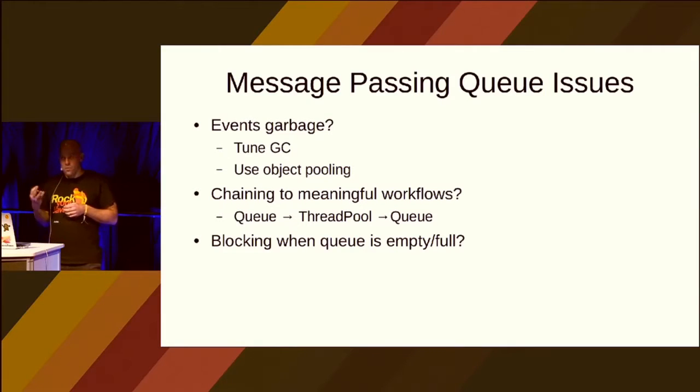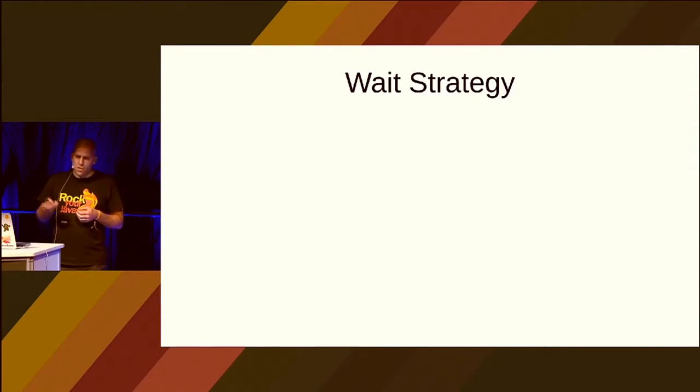And the last thing is, people using the JDK often use BlockingQueue. There's no blocking queue at the moment as part of JCTools, and blocking with lock-free, wait-free algorithms requires that you come to your own conclusions on what to do when you're idle. And this is where the wait strategy comes in. Wait strategy is a term I'm familiar with from the Disruptor, where I saw it for the first time.